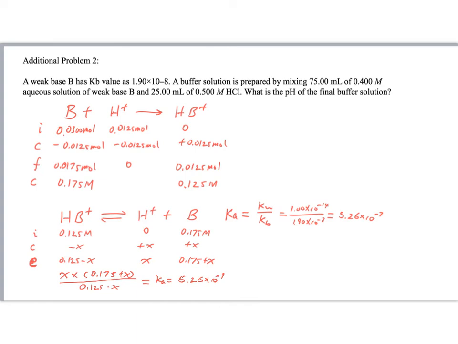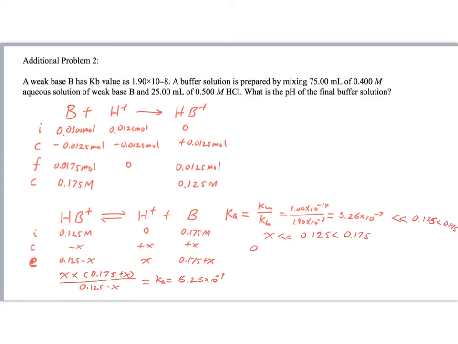Because the Ka value, 5.26 times 10 to the negative 7, is much smaller than the initial concentration of the acid, 0.125, and also smaller than 0.175, we can assume that X is much smaller than 0.125 as well as 0.175.